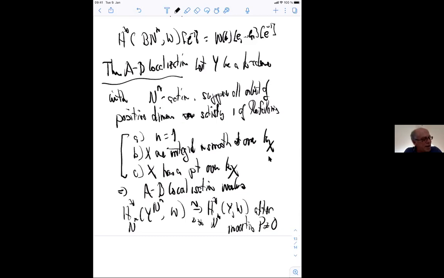Now, in the case of N, you have this extra Z mod 4, Z mod 2 acting besides the torus. So you could imagine you have to take the fixed point locus for the torus, and then you have a smaller fixed point locus for the sigma action. But then the sigma action will be a bunch of trivial or sign representations, and that'll be bad. Those will have zero Euler class.